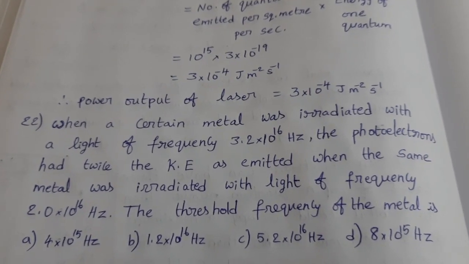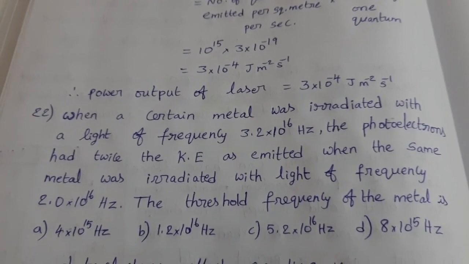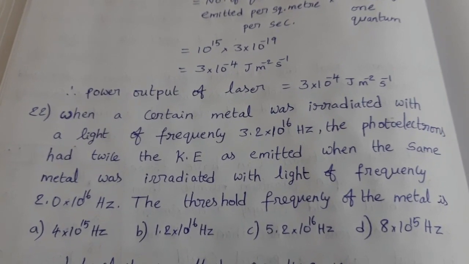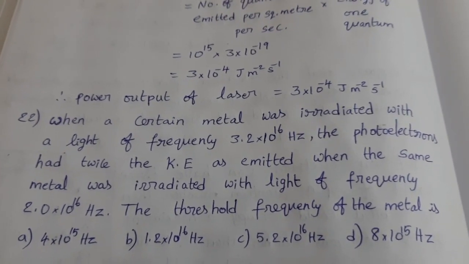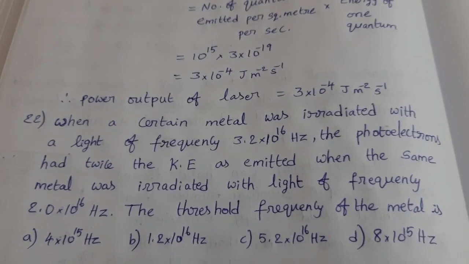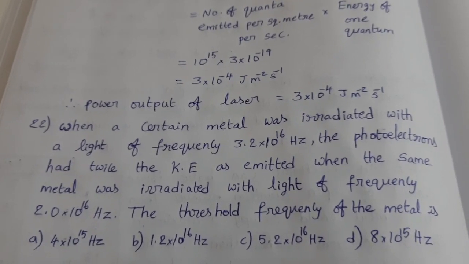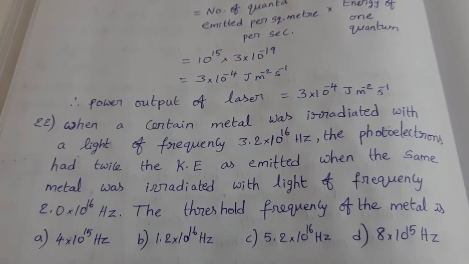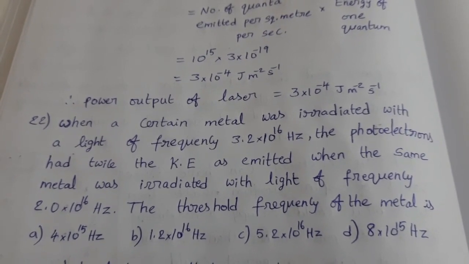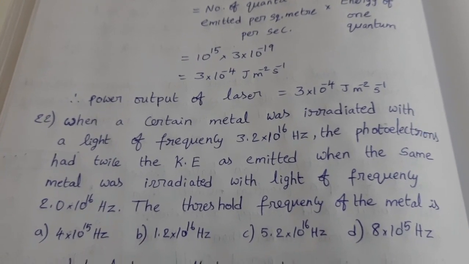First, a metal is irradiated with a frequency 2.0 into 10 power 16 Hz. Then photoelectrons are emitted, they have some kinetic energy. Next, same metal is irradiated with another frequency 3.2 into 10 power 16 Hz. In second case also photoelectrons are released and they have some kinetic energy. Now between these two cases a relation is given for these kinetic energies.